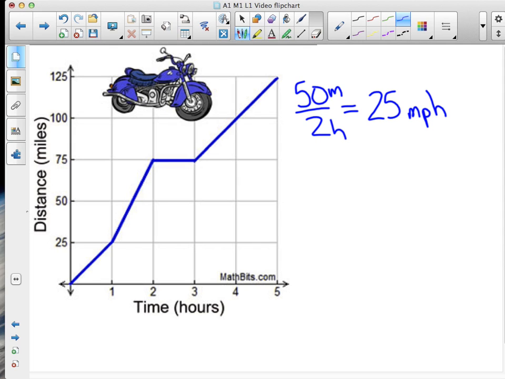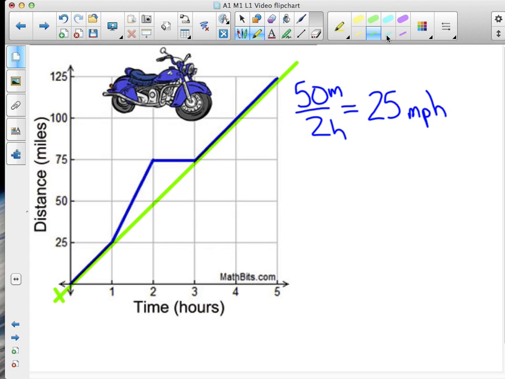And I will show you how you can see that. So I'm going to highlight here. We notice that if we draw this line, okay, that line there has the same slope, so it has the same rate. So they are going 25 miles per hour in both of those sections.